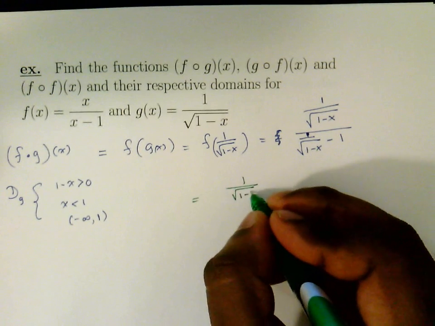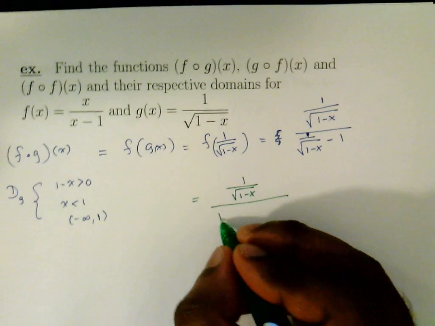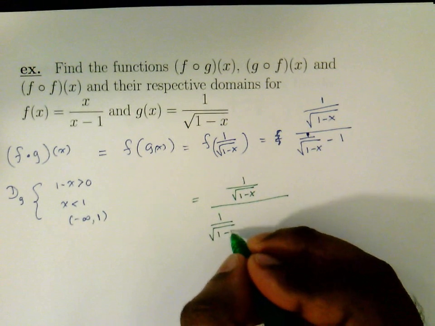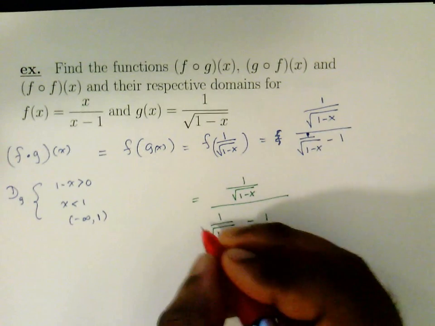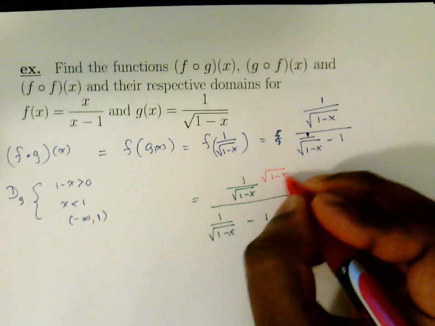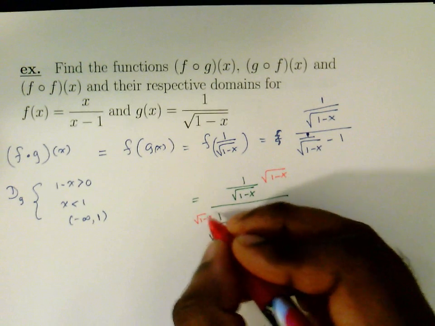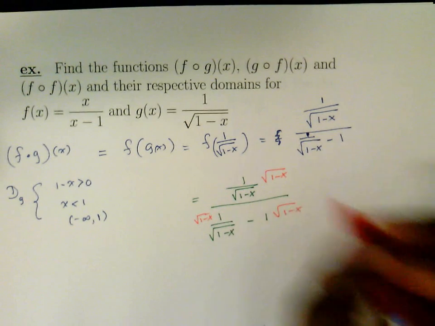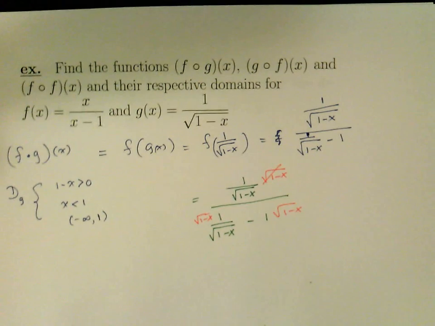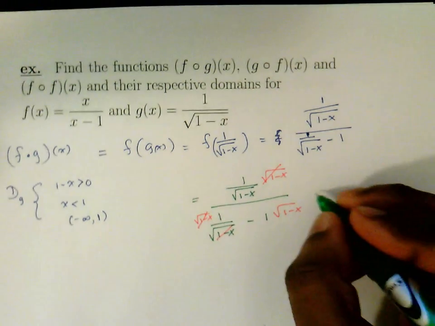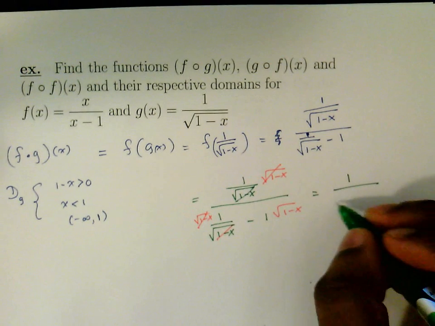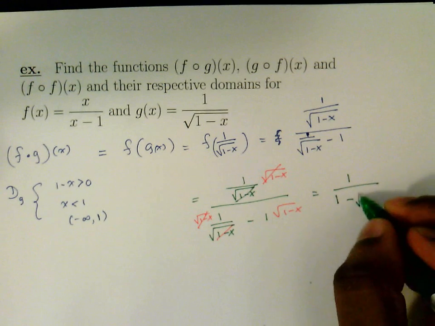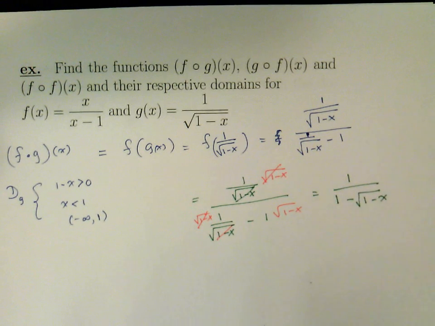Well, it is very familiar, because you have also seen this in the exam. What you do is you multiply everything by the LCD, and you can see how things cancel off. So what you get here is 1 over 1 minus square root of 1 minus x.